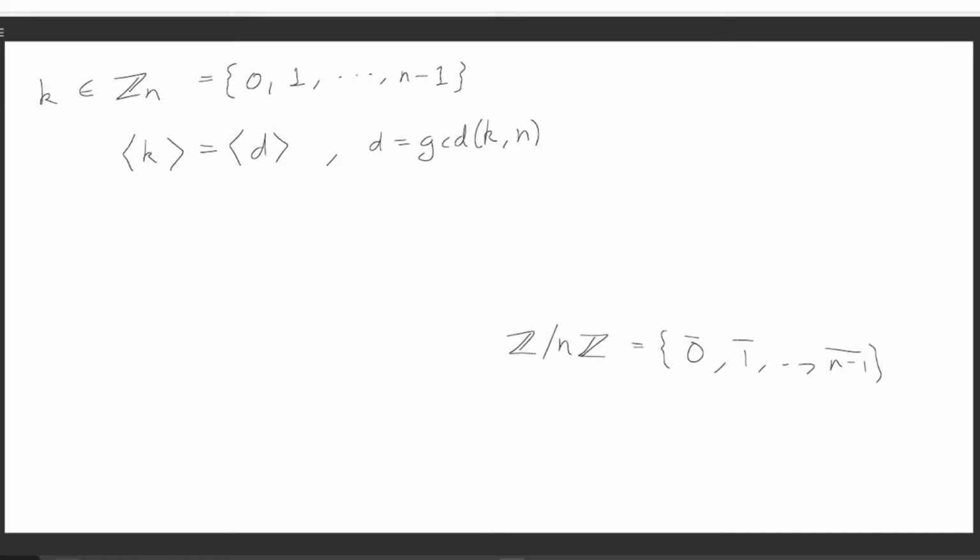I think you know how to do this. Okay, d divides k implies the subgroup generated by k is contained in the subgroup generated by d.